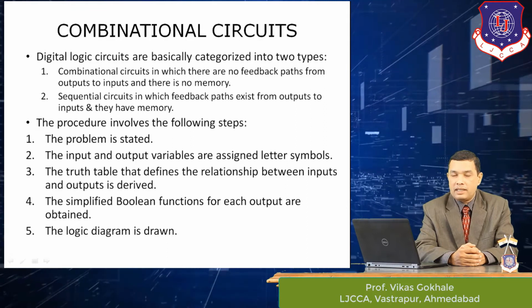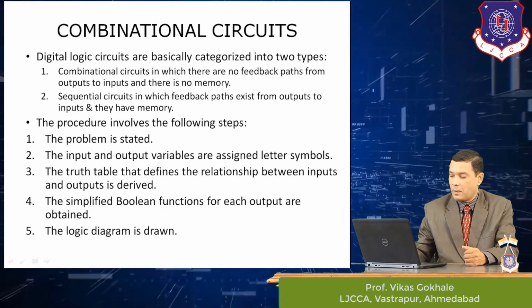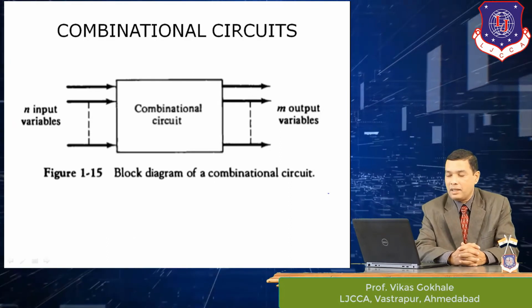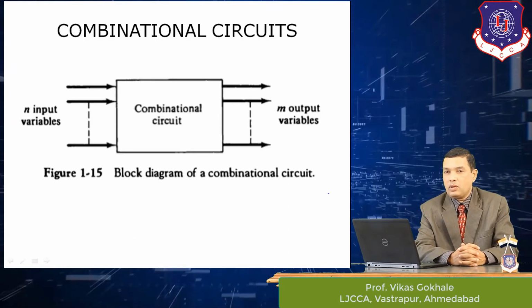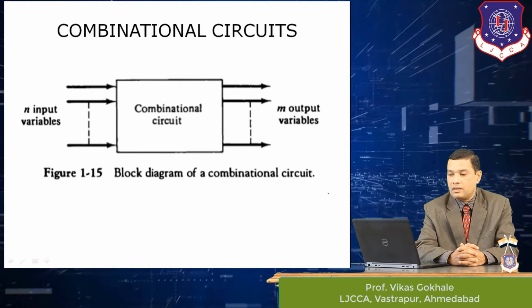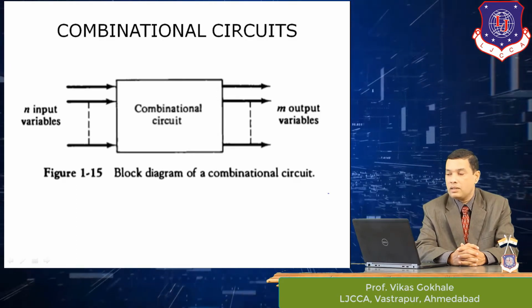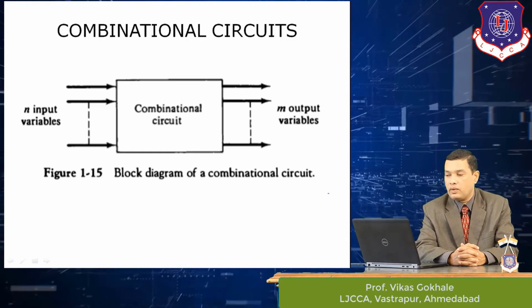From these two, let us see combinational circuits. As you can see in the block diagram, friends, there are n input variable lines, and the circuit will have different logic gates as per requirement, and it will generate m output variables.